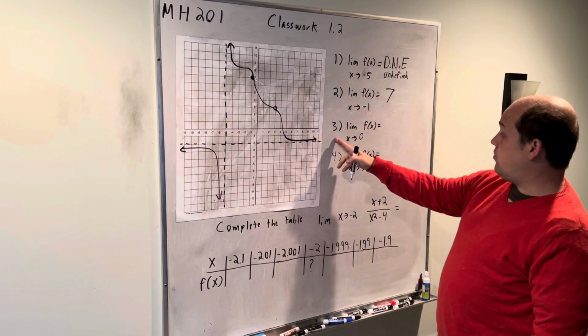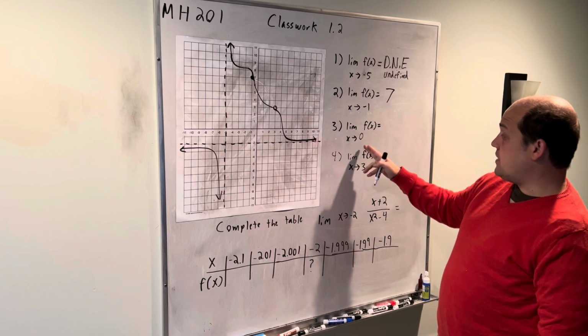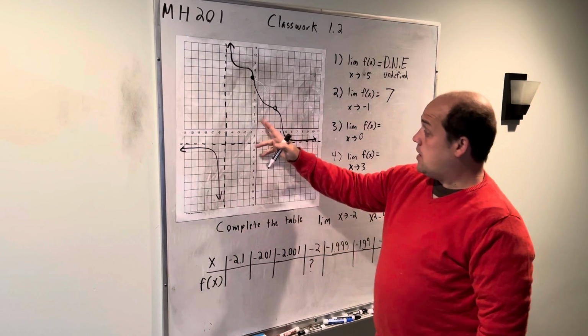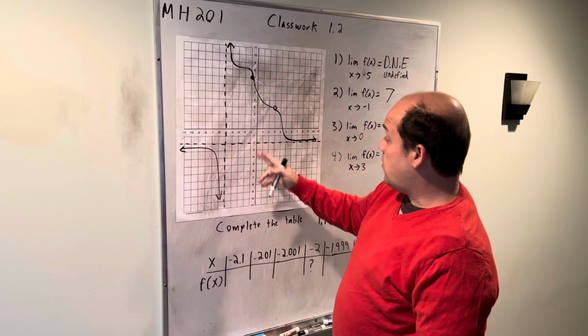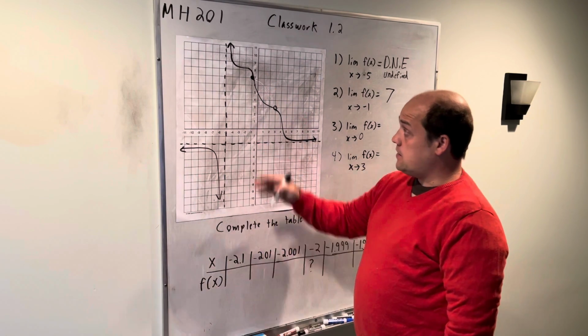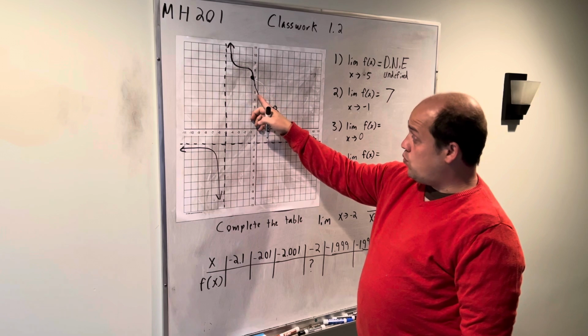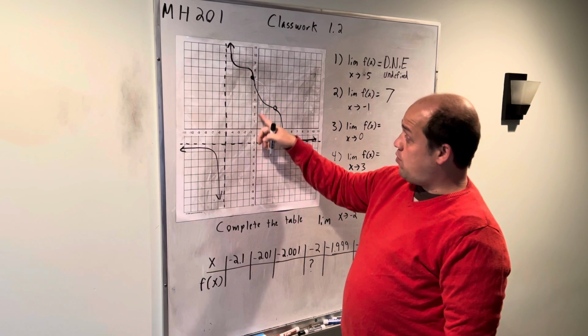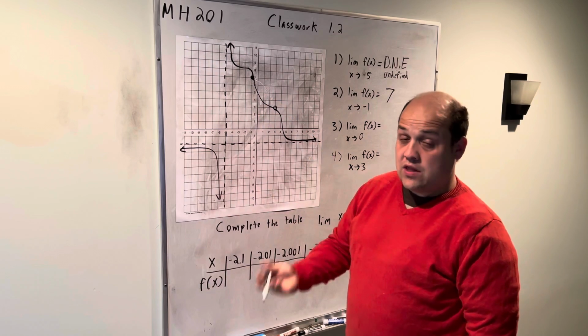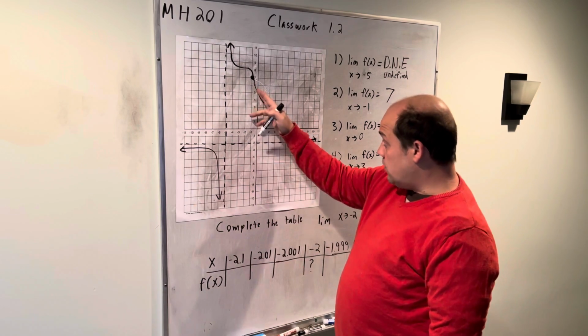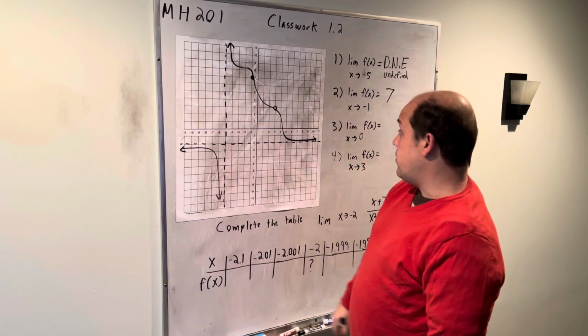For question 3, what's the limit of f of x as x approaches 0? Here's where x approaches 0. It's where it crosses the axis. You're coming down towards what should be 0, 5. Same thing's being approached here. Even though it's not a darkened-in point, I can look at where it's crossing and see where it's happening.